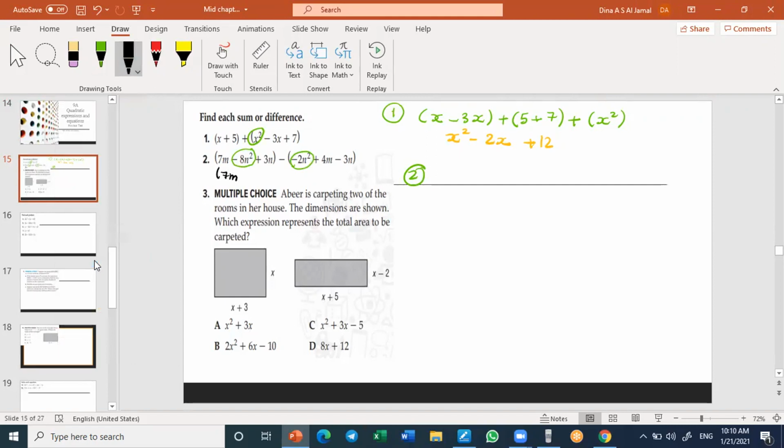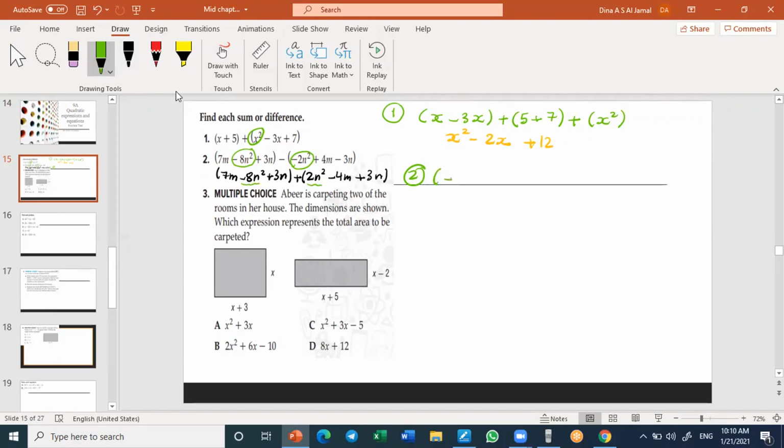So 7m minus 8n squared plus 3n, plus, and you will be changing all the signs here. So this one will be positive, here negative, and here positive. Now let's gather the like terms.